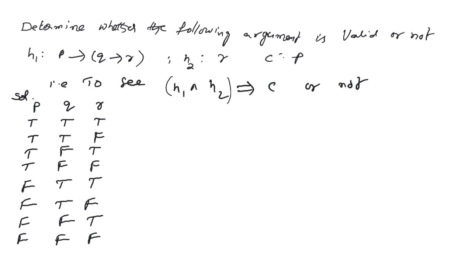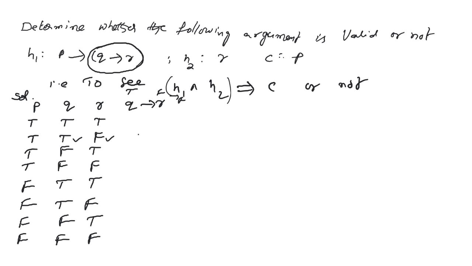After writing this, have a look at the premises. There is no negation in either the hypotheses H1, H2 or C. Now straight away I'm going for Q conditional R. Q conditional R will be false only when Q is true and R is false, otherwise it will be true. So go for the TF combinations in the Q R columns.